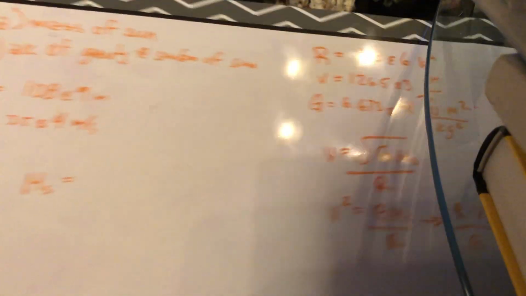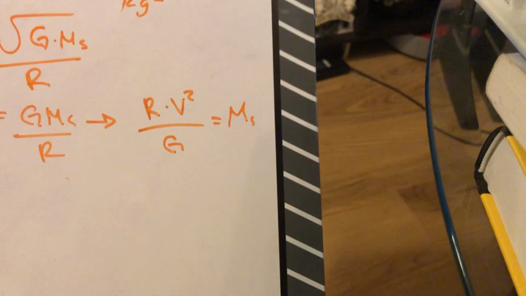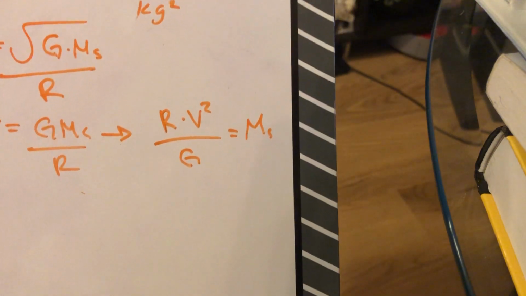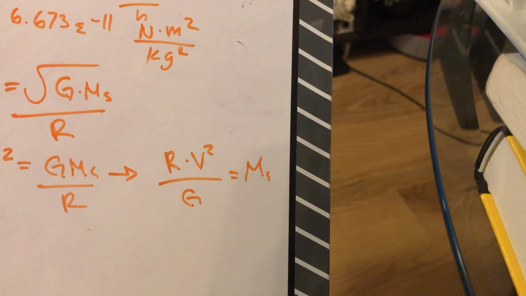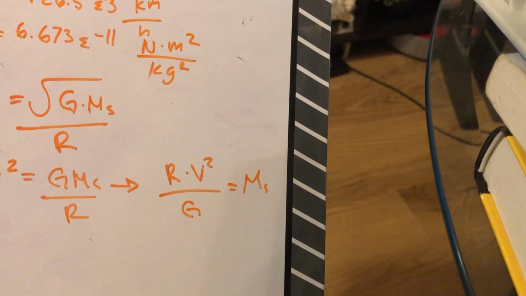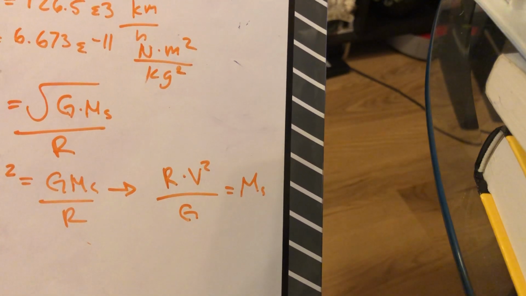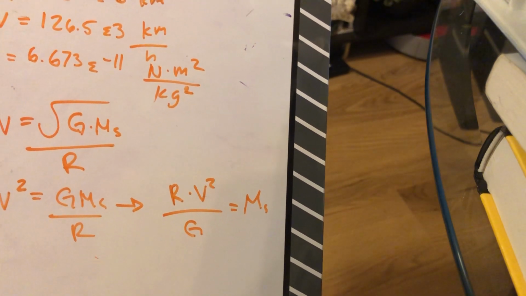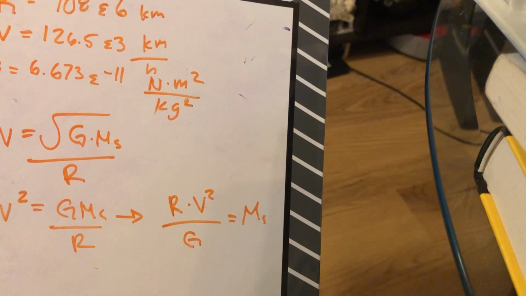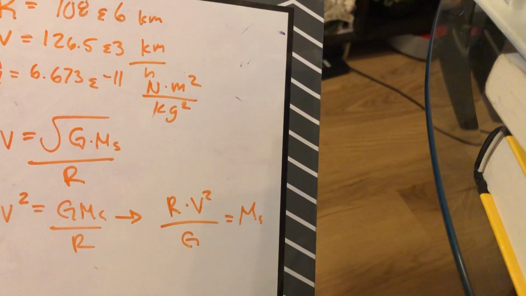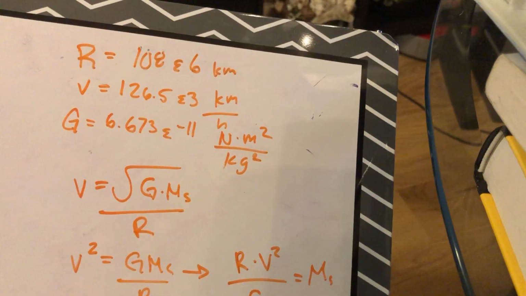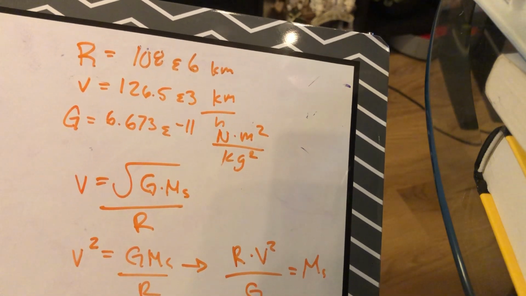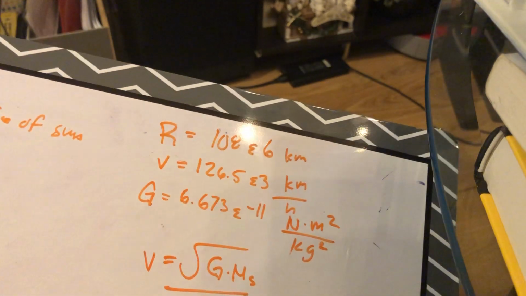So what we have is a relation here for the mass of the sun, related to everything you just saw. Okay, and there we go.